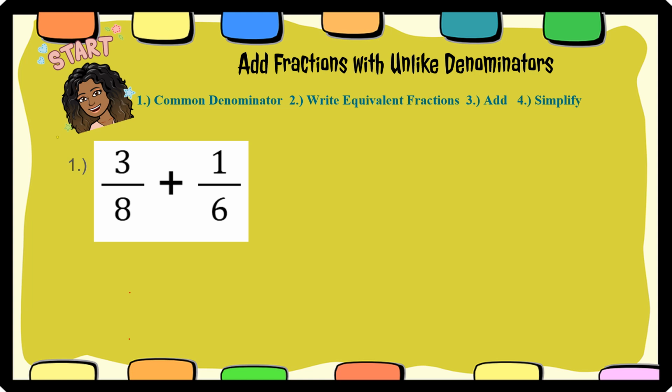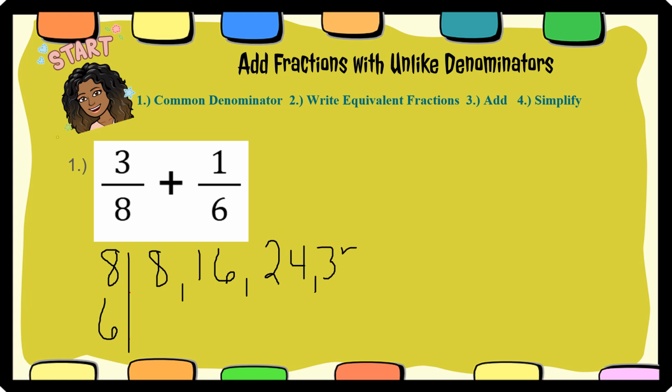The first thing we're going to do is write out our multiples of 8 and 6, because 8 and 6 are both the denominators in this problem. My multiples of 8 are 8, 16, 24, and 32.